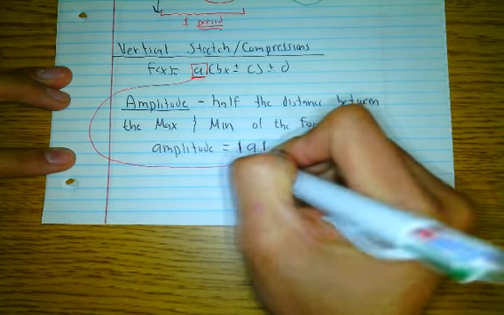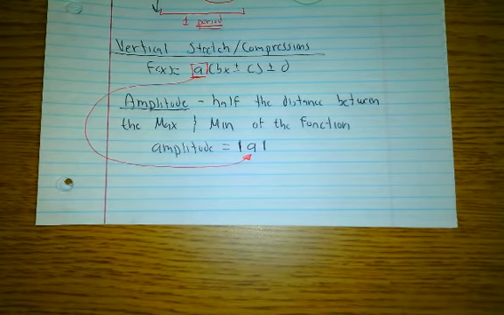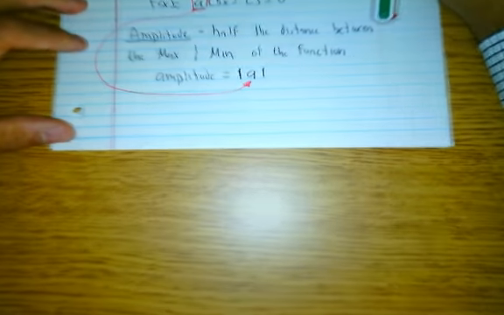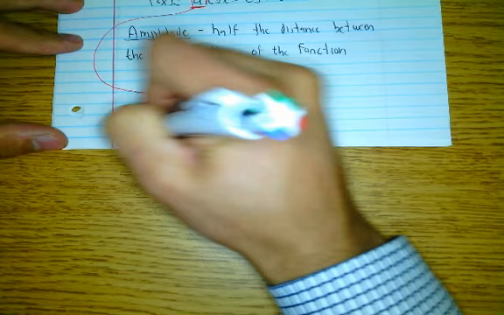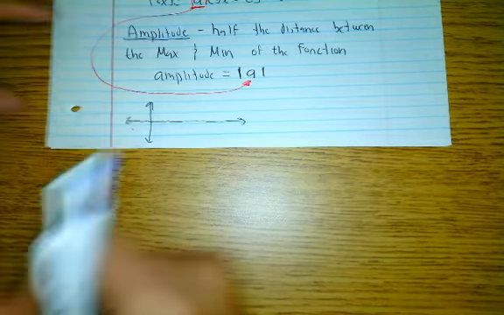Now you know how to find it, but let me make sure that you understand what amplitude actually is. Let me give you a sketch. So here's my y-axis, here's my x-axis. Let's pretend this time that I have a sketch of f of x equals cosine x. Cosine x starts at what? 0, 1, right?